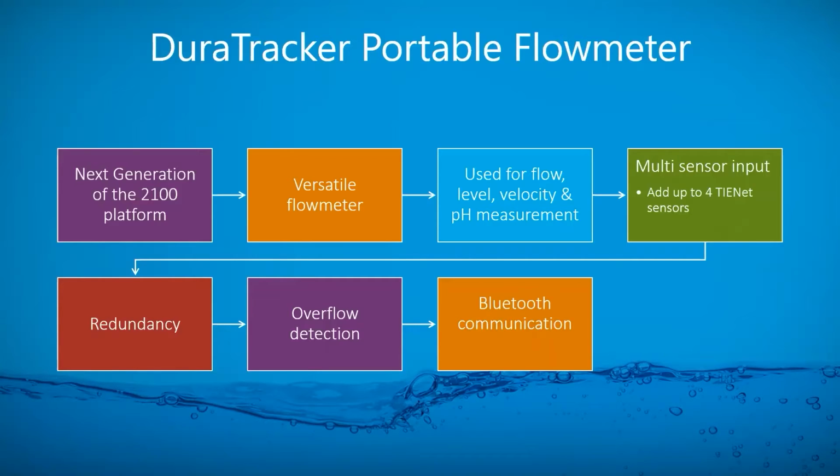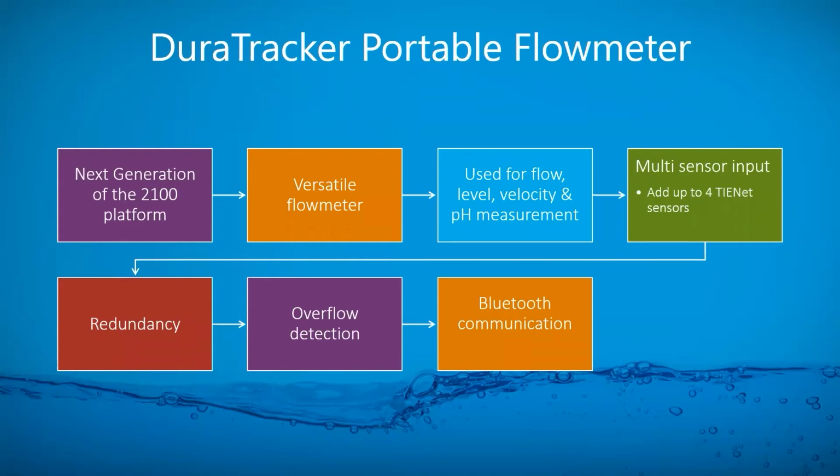All right, so the DuraTracker is really a portable flow meter. It's the next generation of the 2100 platform. So we wanted something that was very versatile, and it's a flow meter, and it has a lot of capabilities. We're going to use it to measure a lot of different things, but primarily flow, level, velocity, and now even pH. So we're very excited about the addition of some of the new features like the pH.